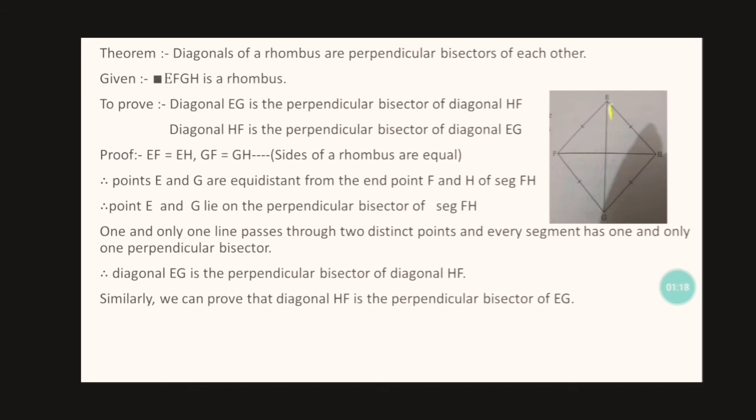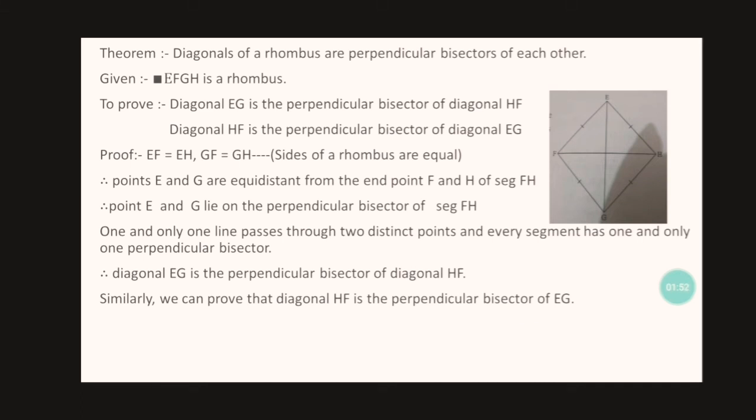So points E and G lie on the perpendicular bisector of FH. Why? Because only one line can pass through two distinct points, and every segment has one and only one perpendicular bisector. So diagonal EG is the perpendicular bisector of diagonal HF. Similarly, we can prove that HF is the perpendicular bisector of EG.